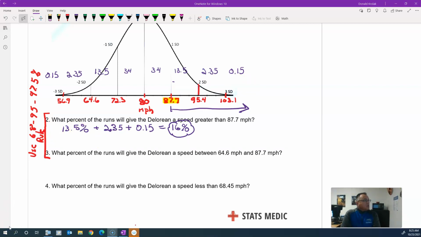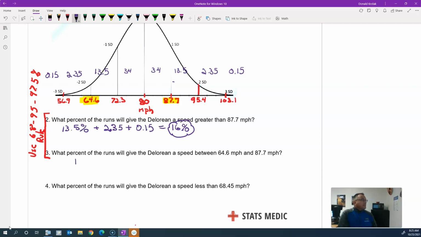Number 3 says, what percent of the runs give the DeLorean a speed between 67.6 and 87.7? Well, good news, there's 67.6 on the chart. So now I'm simply going to add up the percentages between those.